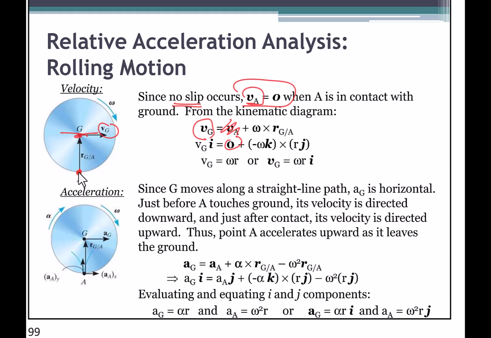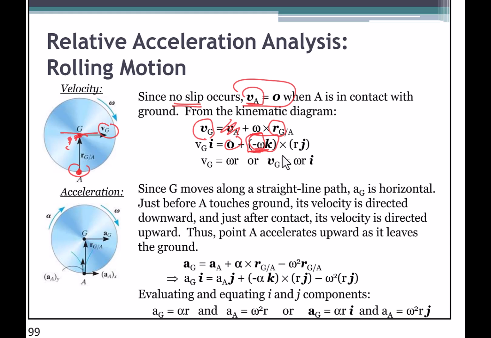plus the rotation component, the angular velocity of point G relative to point A. So the angular velocity is minus k. This goes in the positive direction out of the page, or this goes into the negative direction.